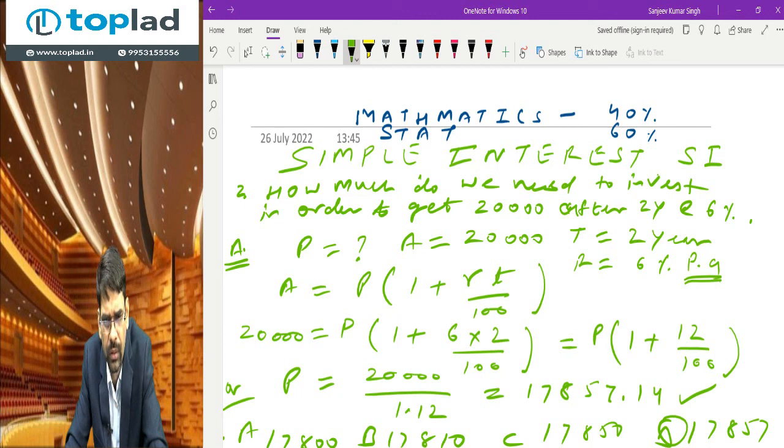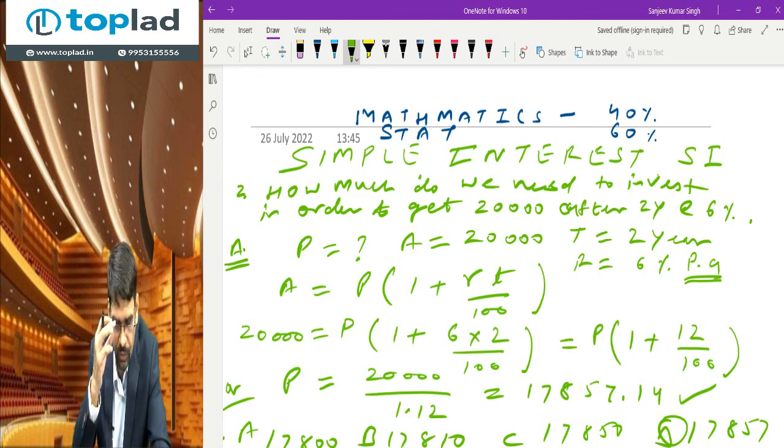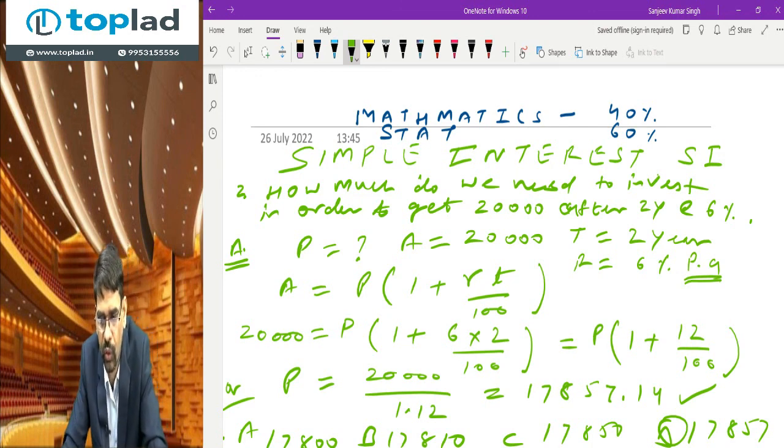Whatever we will write, you have to also write in your notebook, so that at the time of revision and for understanding the chapter, you can do more and more practice.